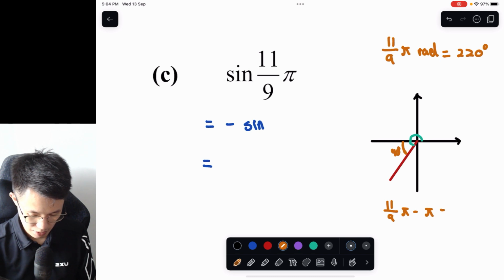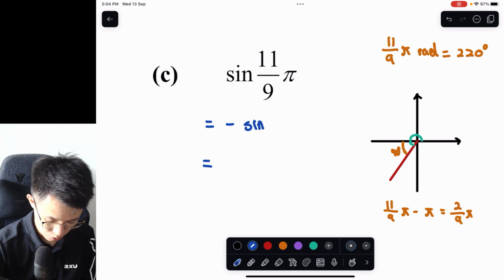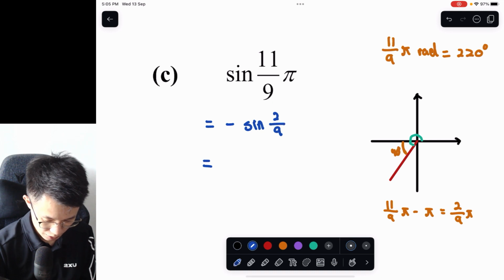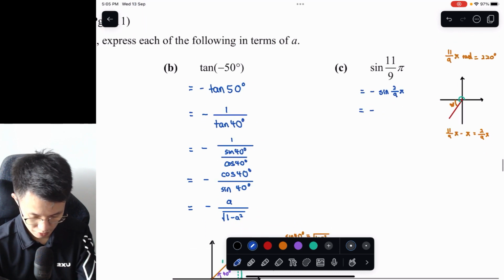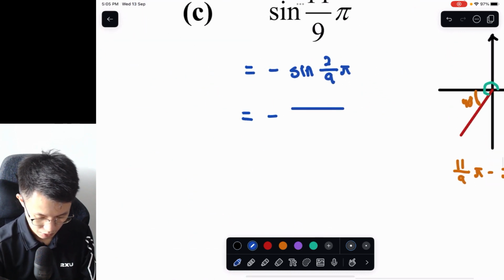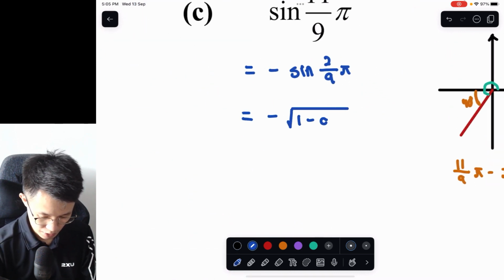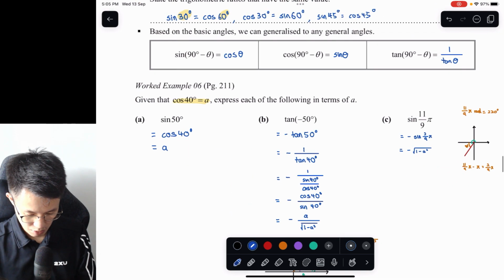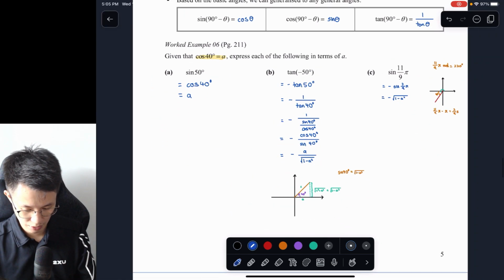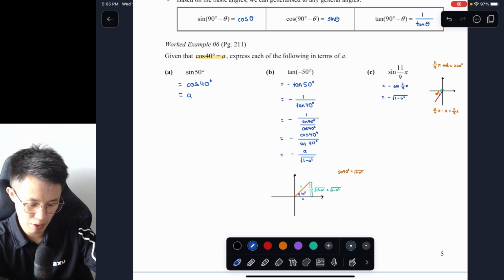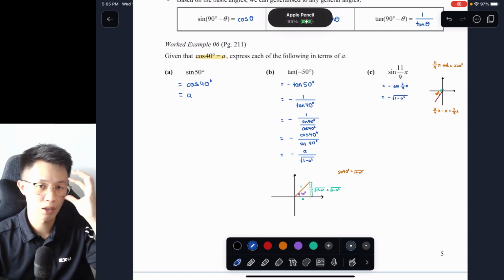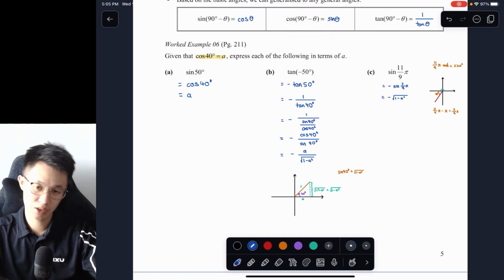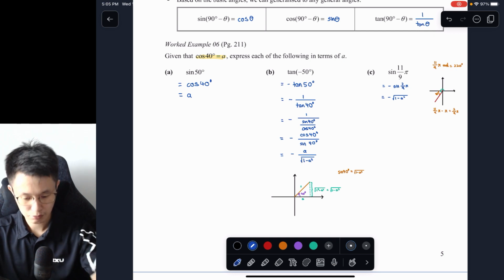So it's just 2 over 9 pi, which is 40 degrees. So it's just negative square root of 1 minus A squared. So that's how you work these examples, where I give you an initial trigonometry function in terms of A and you figure that out. That's it.